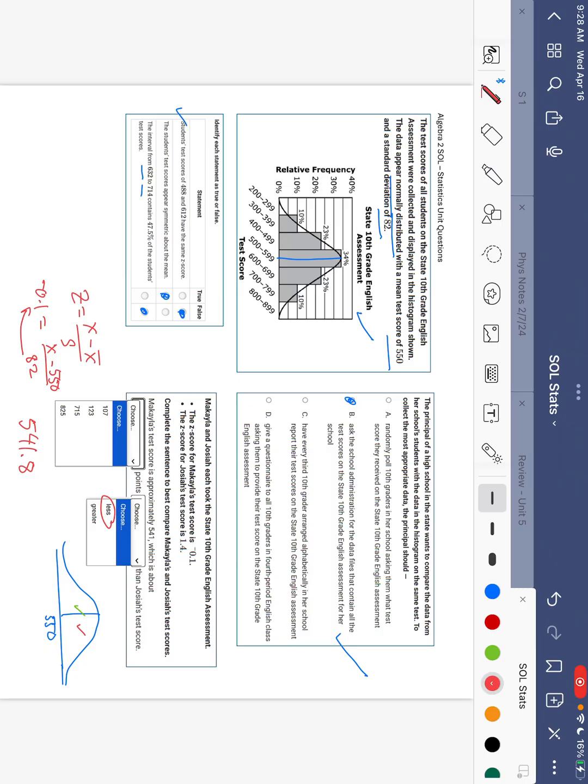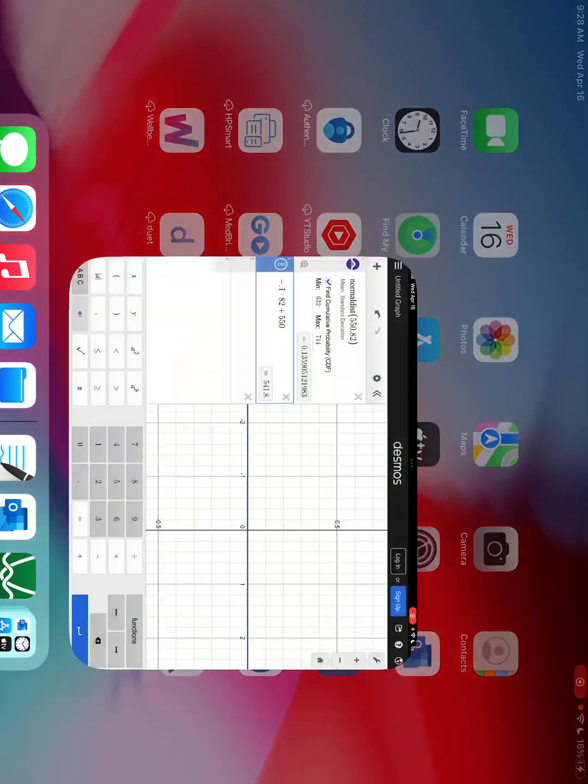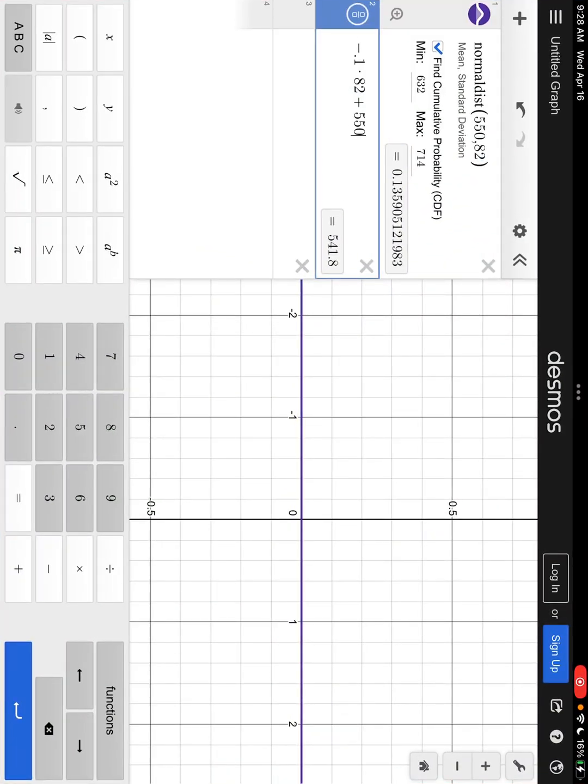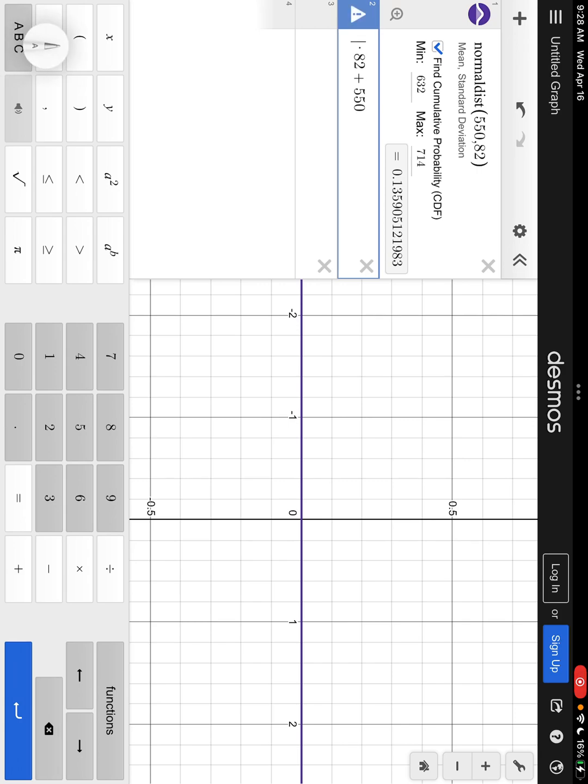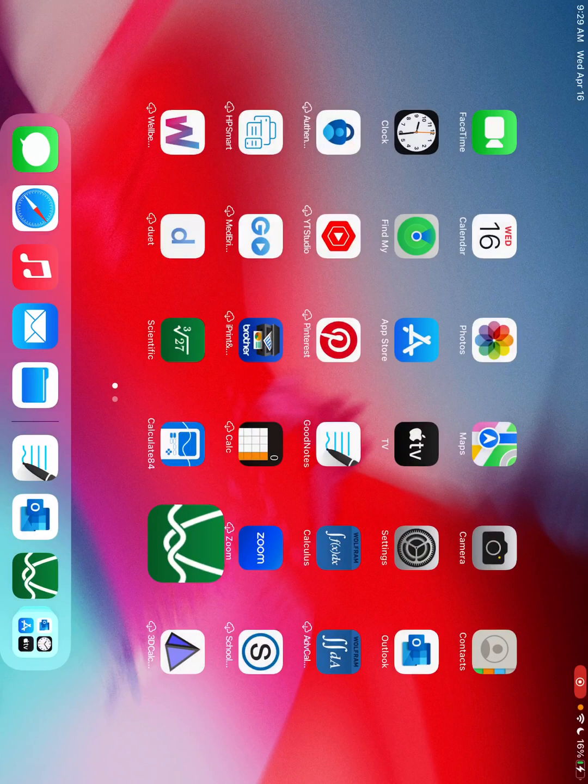So I need to figure out Josiah's score. So his was 1.4. I got x minus 550 over 82. Like they already told me that was 541. All right, so I'm going to do 82 times 1.4. I'm going to multiply that over there, then add 550. So 1.4 times 82 plus 550, so 644.8.